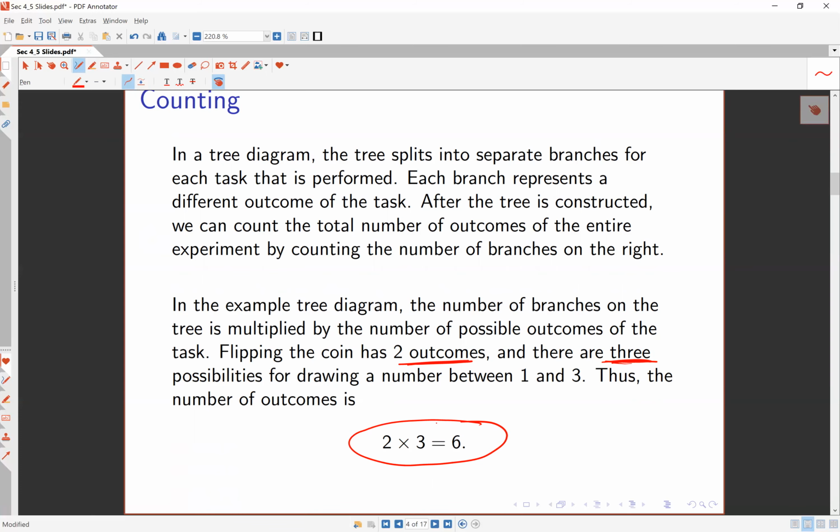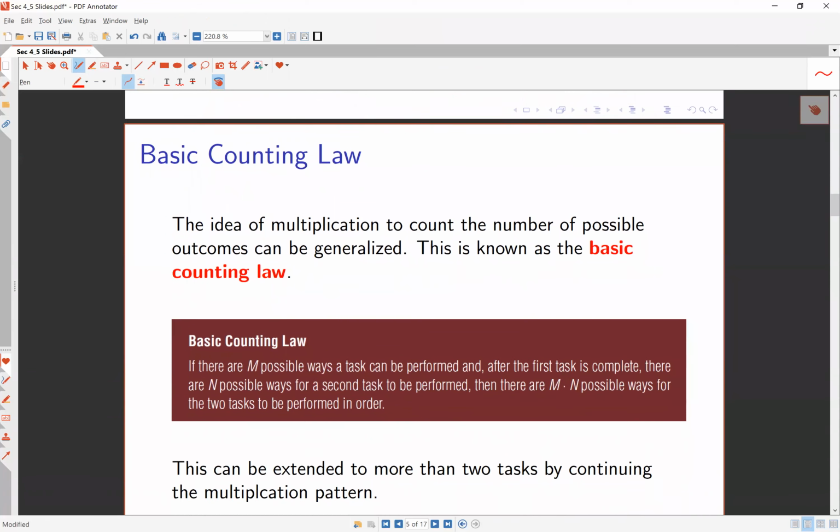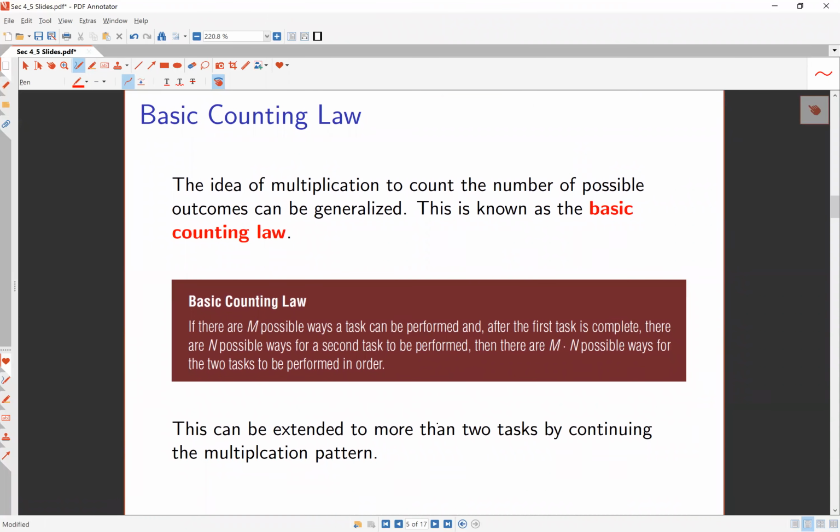And this is something we can now generalize to something known as the basic counting law. The basic counting law says, if you are performing 2 actions, the first one can be done in a number big M ways, and after completing that task, the second action can be completed in big N ways.